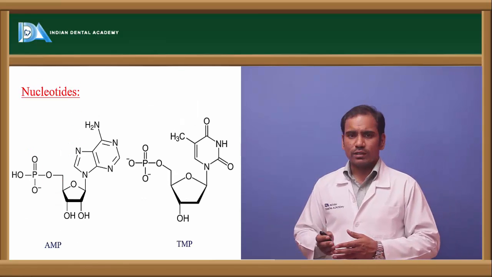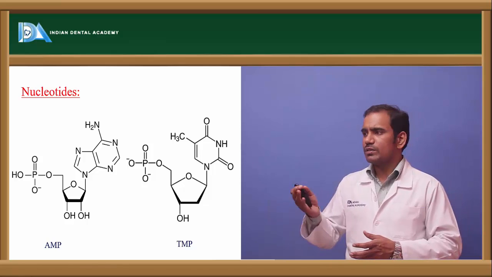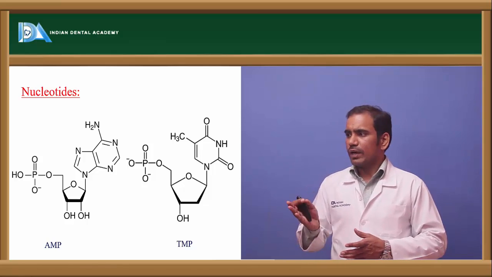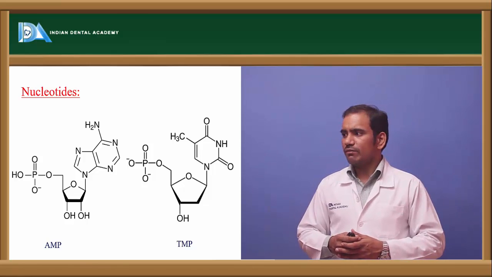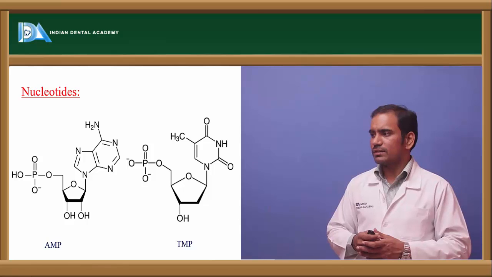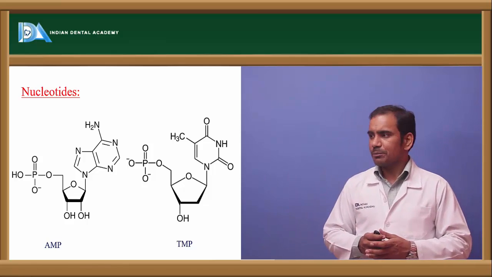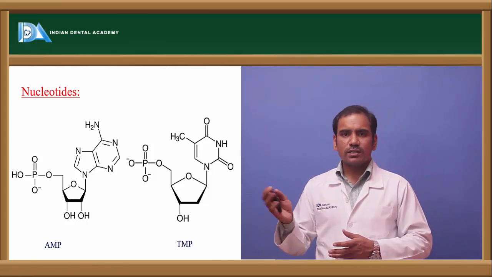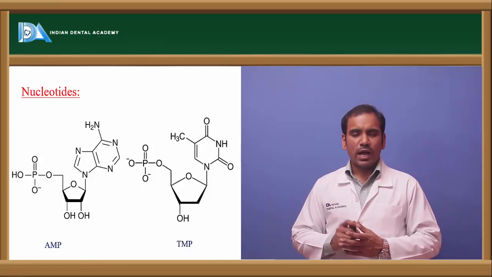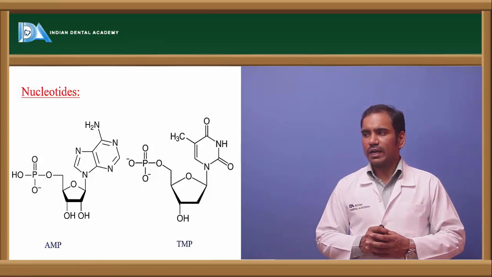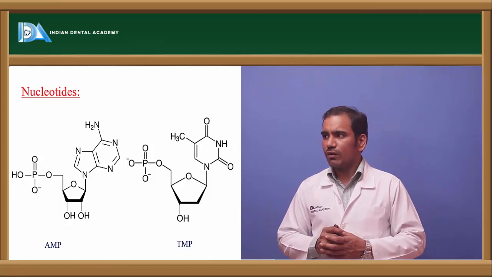And what is a nucleotide? Just add a phosphate to the nucleoside, then it becomes a nucleotide. So adenosine monophosphate, in short we call it AMP, and thymidine monophosphate, we call it TMP. These AMP and TMP are nucleotides because, when you see the structure, they have the nitrogenous base adenine plus sugar, and to that sugar an additional phosphate group is attached, esterified to the ribose of adenosine.